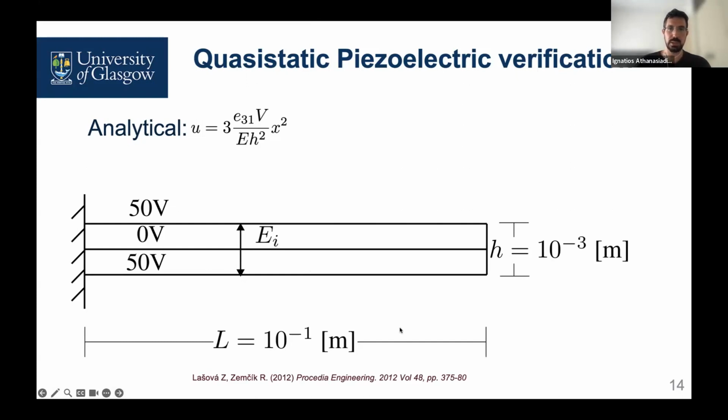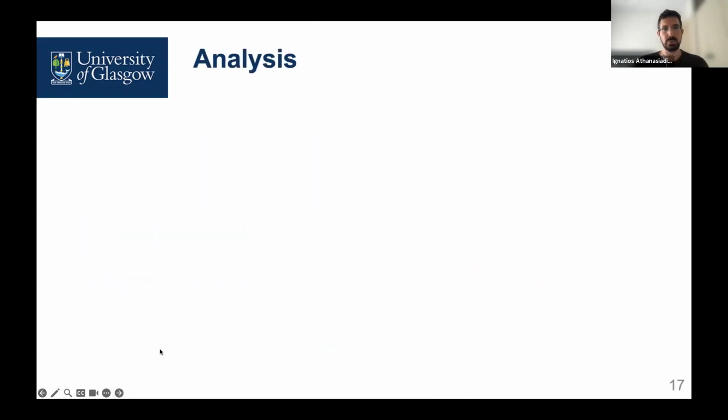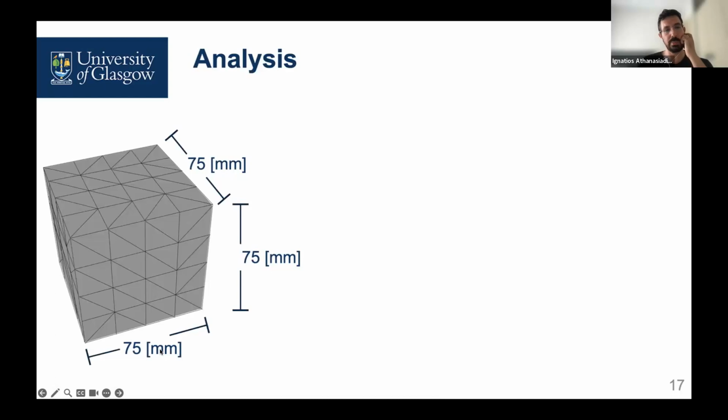Here you can see the dimensions of the problem, and we compared the results of MOFEM and the analytical results for these given boundary conditions along the whole length of this cantilever, and we found that there was a good match between them.